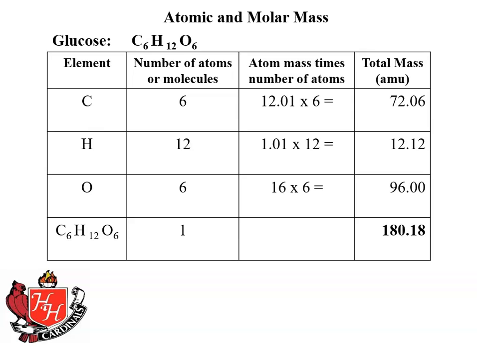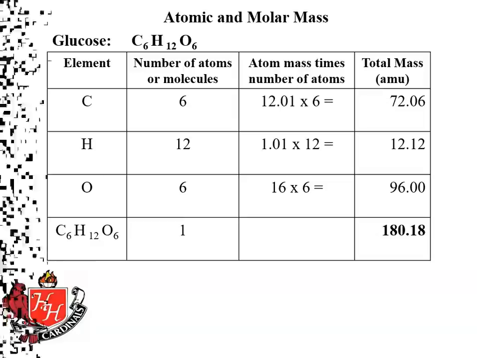And finally, oxygen, there's 6 of those atoms, and that has an atomic mass of 16. Multiply those two together. So you end up with the total masses of each of those elements over in the right-hand column. And if you add them up, they give you the mass of the total glucose molecule. So this is just a simple exercise in computing the mass of a molecule, which is just simply a number of different elements put together.